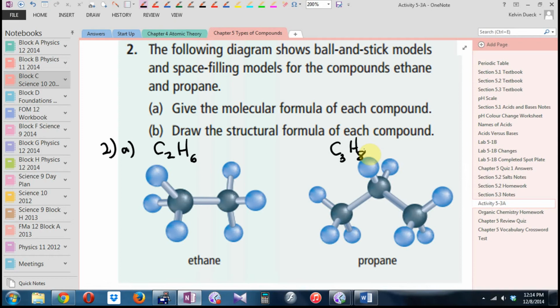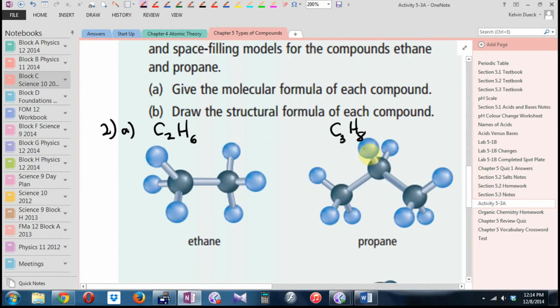Then there's something called a structural formula. I won't ask you to give it to me on a test. I will ask you to recognize it on the test. Let me give you the structural formula for ethane. Ready? It looks like this. CH3CH3. This is part B. Can you see how I came up with that?